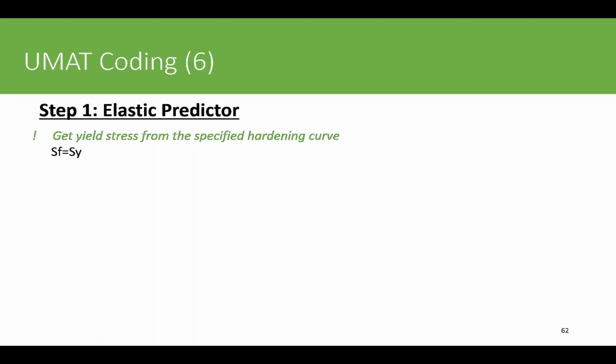So now we have to get the yield stress, which was a material property, and we stored it as Sy at the start. So we store it as SF for the time being. And now we will check if it's in the plastic region or in the elastic region. If you remember, the condition was this yield function, sigma equivalent trial minus sigma y, should be greater than 0 to be in the yielding zone.